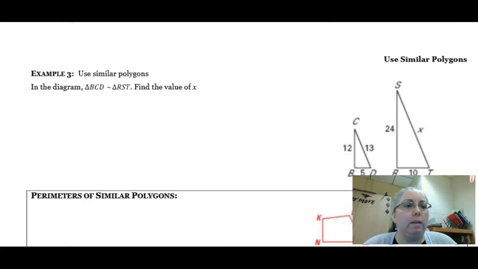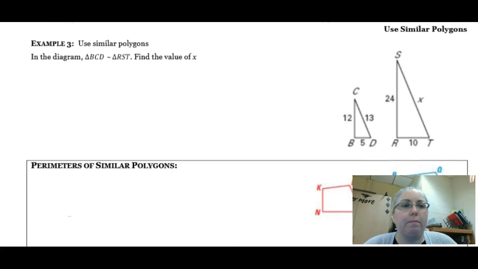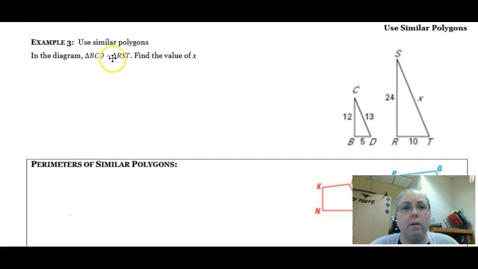All right, let's look at example 3. So in my diagram, I've been told that these two triangles are similar. So I want to find the value of x. So since I know my similarity statement, I know which side lengths should be in proportion. So I can set up a proportion.